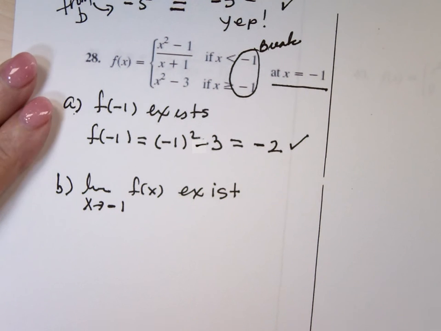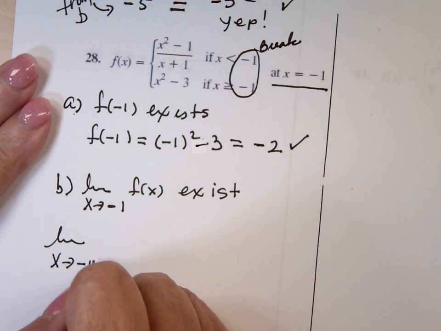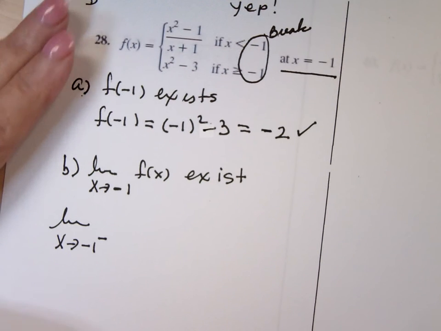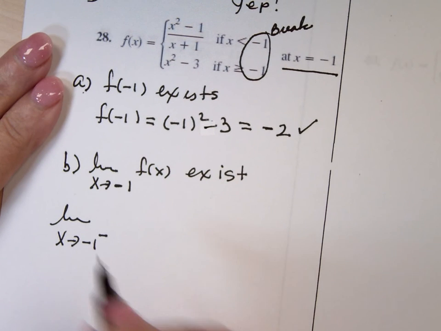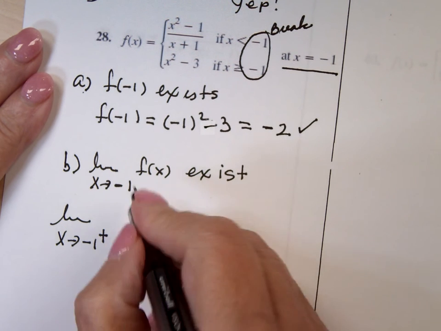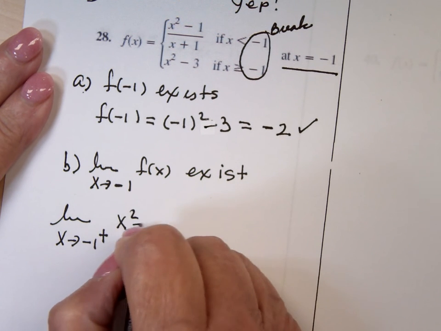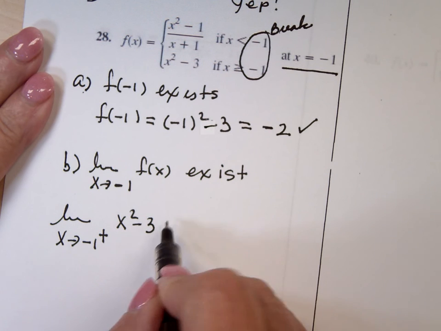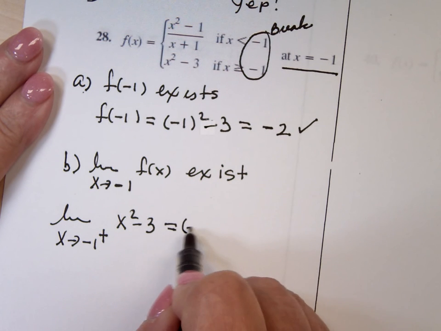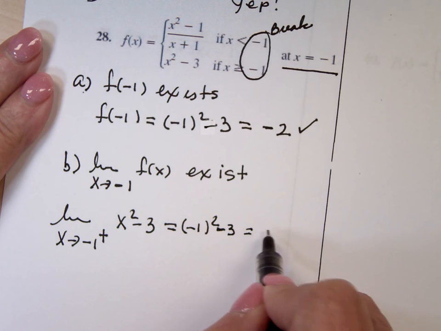So let's see. Take the limit as x approaches -1 from the left. Well, actually, let's do the easy one. Let's do it from the right, since I'm going to have to move to the other side of the page for the other guy. To the right, I have to use x squared minus 3, which is -1 squared minus 3, or -2.